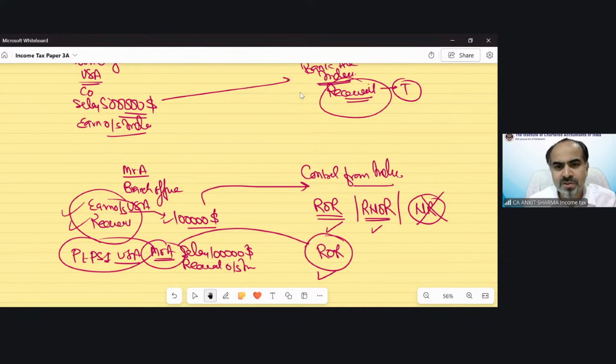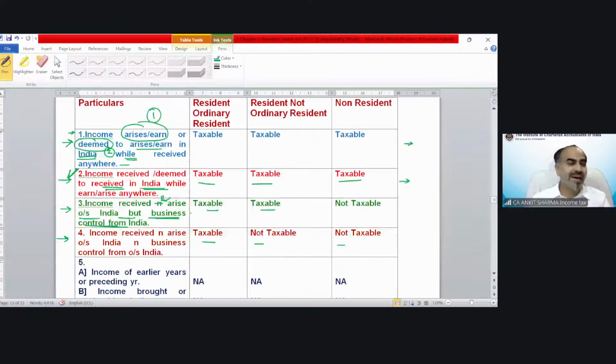Back to the provisions. You can see in point number 1, income arising in India is taxed for all. Received in India, taxed for all. Arising or received outside India but controlled from India is taxed for resident ordinary and resident not ordinary. Now the 4th category says income received and arising outside India, with business also controlled from outside India.